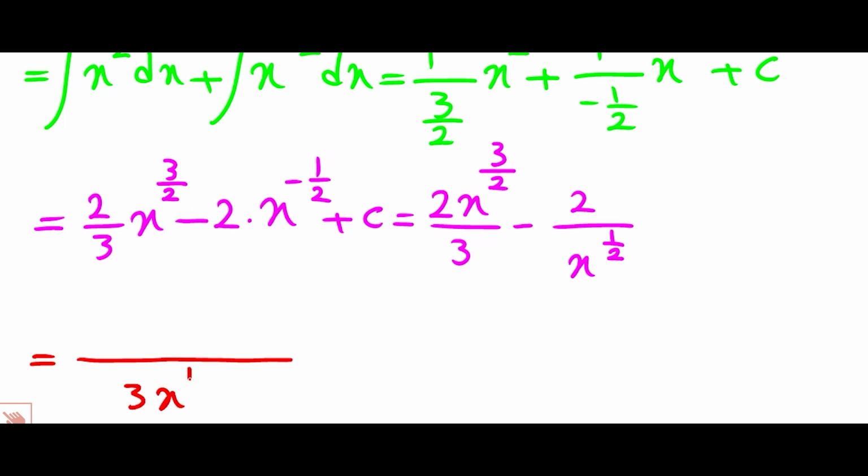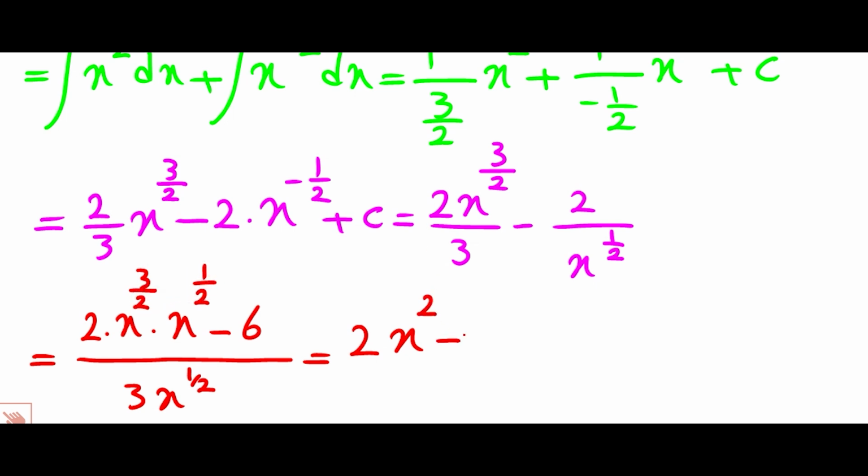So we have 3 times x to the power of 1/2 in the denominator, and in the numerator we have 2 times x to the power of 3 over 2 times x to the power of 1/2, minus 2 times 3, which is 6. So we have 2 times x to the power of 3 over 2 times x to the power of 1/2, which equals x to the power of 3 over 2 plus 1/2, which is 2, minus 6, over 3 times the square root of x.